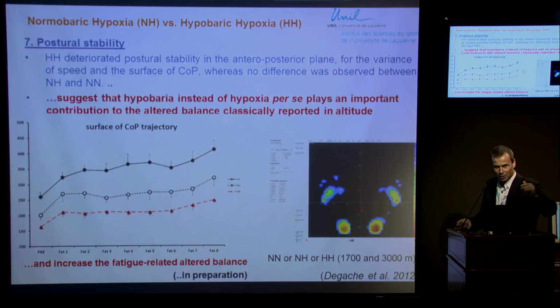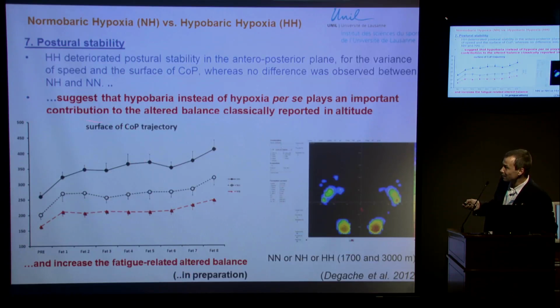It was interspaced: 30 seconds of plantar flexor fatigue, 30 seconds on a posturographic plate. You can observe, but that's not new, that the more fatigued you are, the higher the alteration of your balance, assessed here by the surface of the center of pressure trajectory.